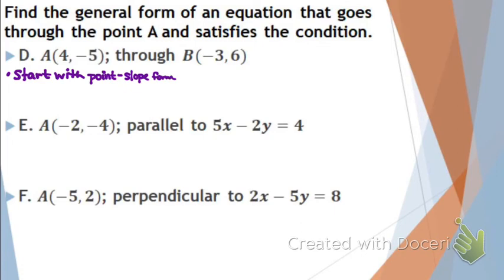So I am going to have to find my slope. Then I pick one of these points. It does not matter which point we choose to substitute into point slope form. And then we'll convert it into standard form from there. All right, so to find my slope, tell me what I'm subtracting.